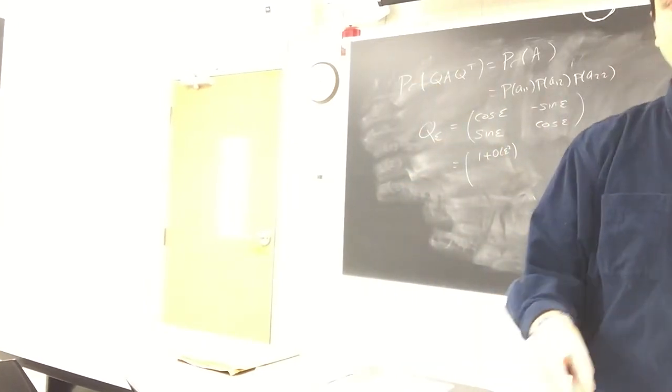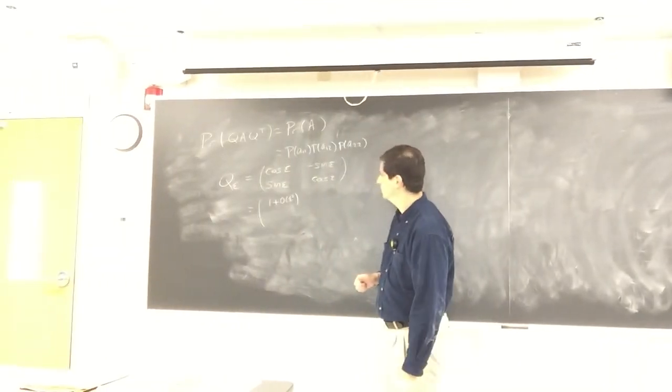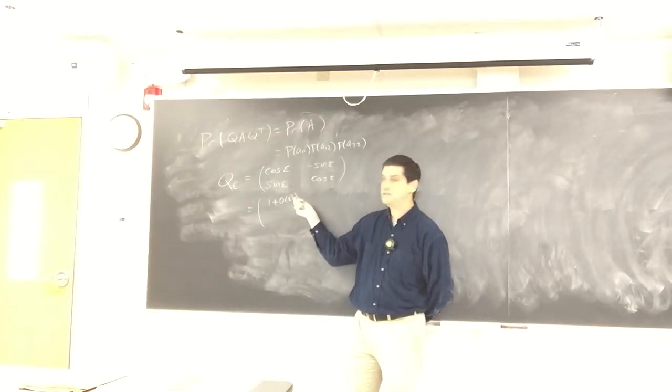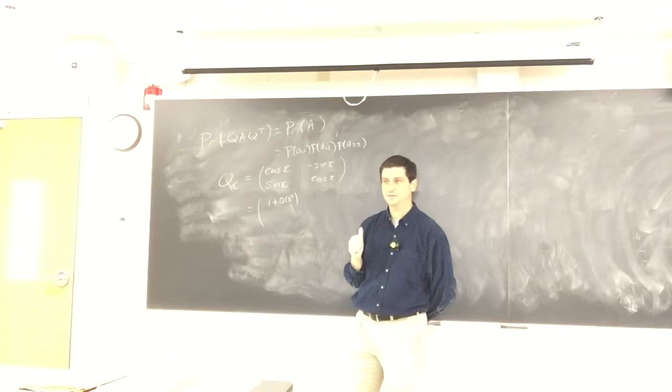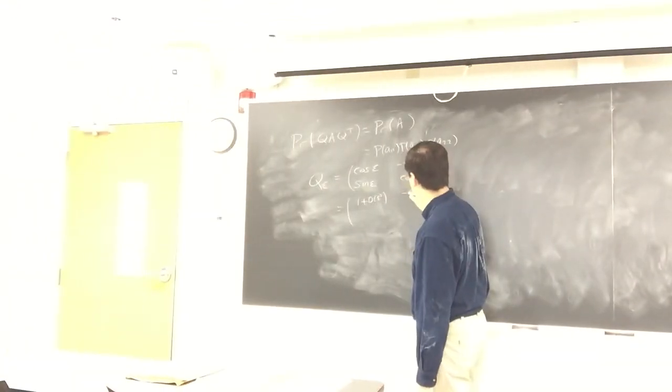All right, how about the next one? So what about the second? Do you get the epsilon squared from the Taylor expansion? From the Taylor expansion, exactly. So this will be 1 plus order epsilon squared. What about minus sine epsilon? It'll be minus epsilon.